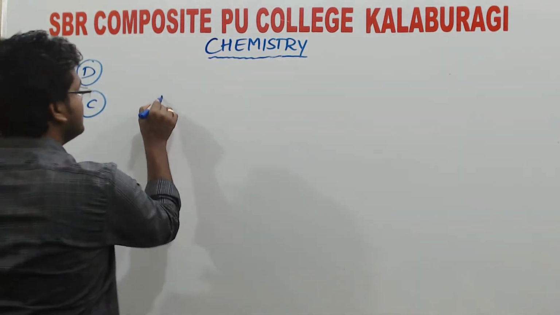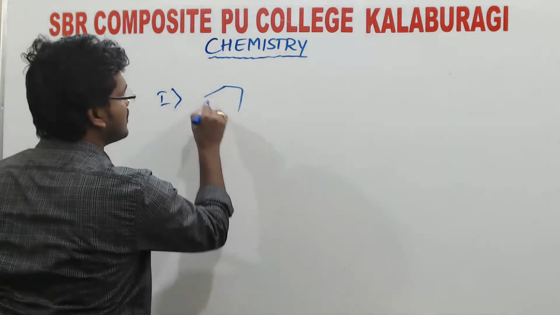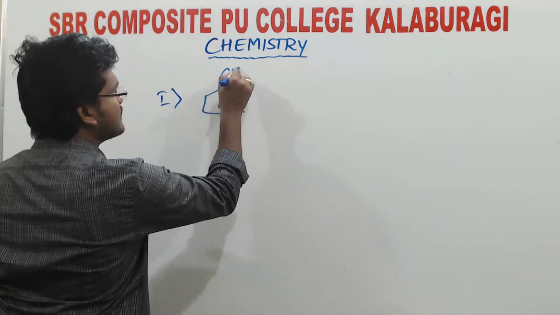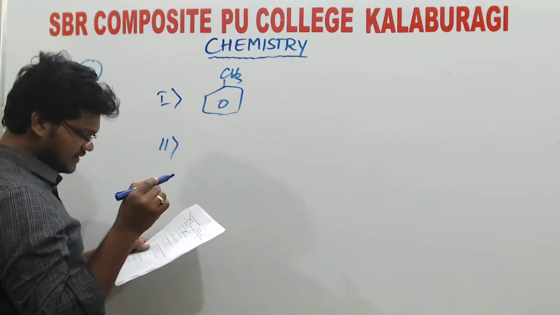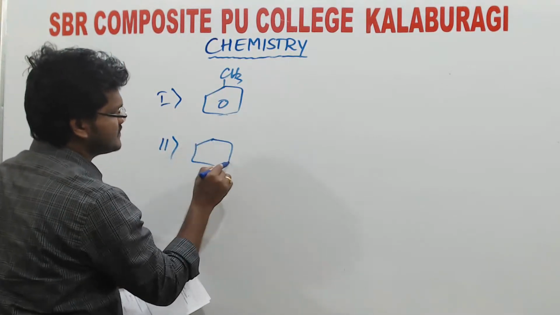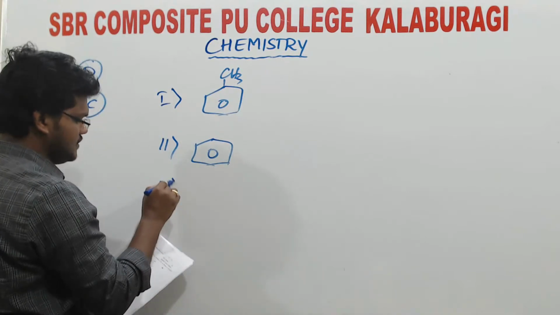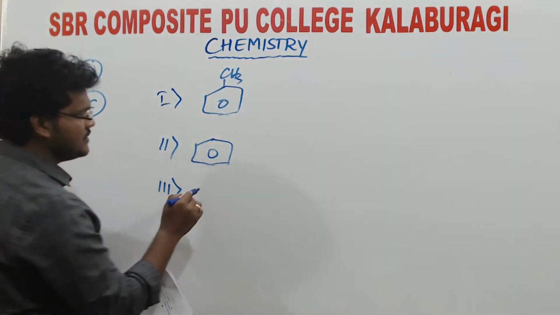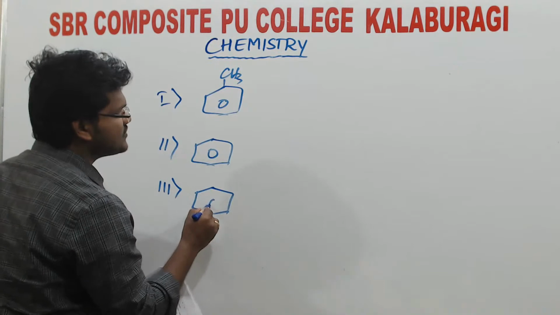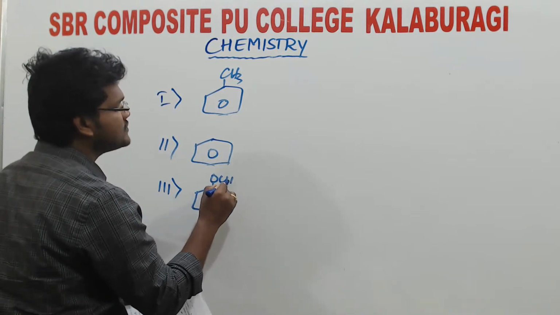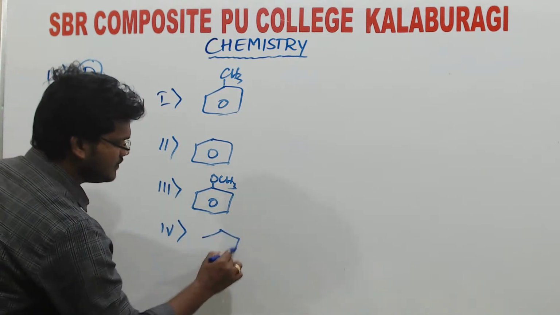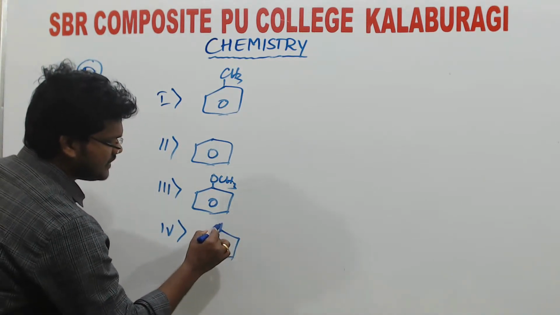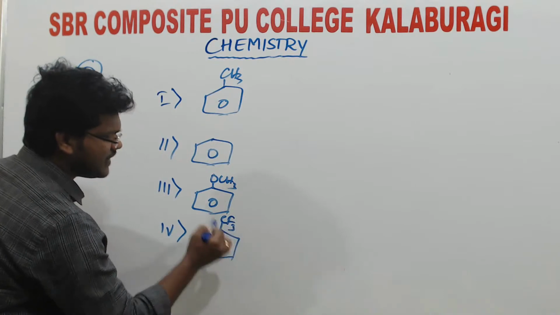First one is toluene, methyl benzene. Second compound is benzene. The third one is anisole or methoxybenzene, OCH3. And the fourth one is CF3 benzene.